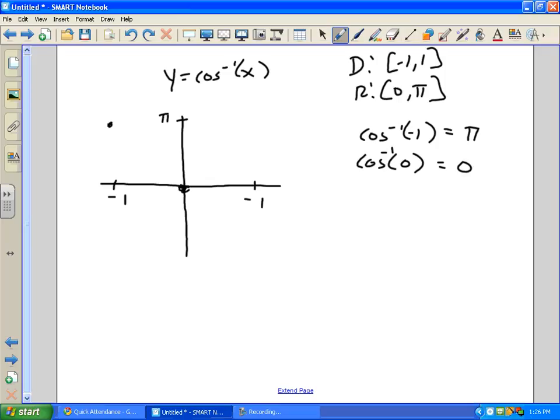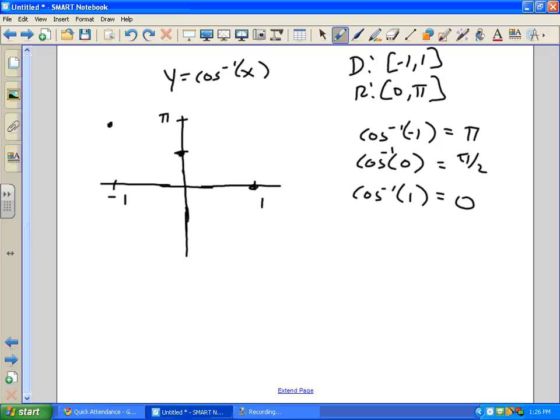And, oh, that's +1, sorry. And what angle has a cosine value of 1? That one's 0.